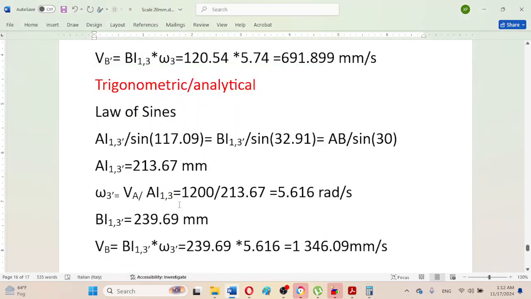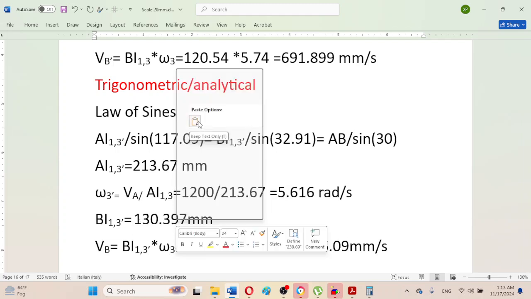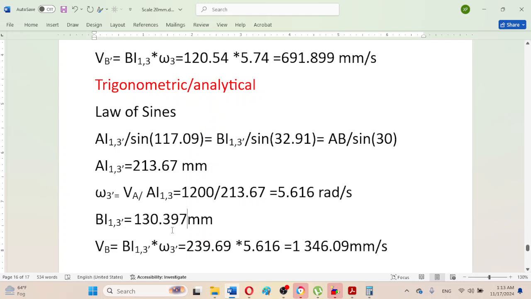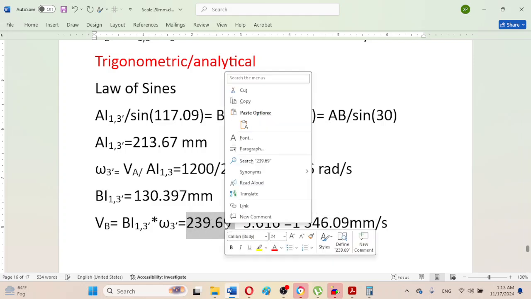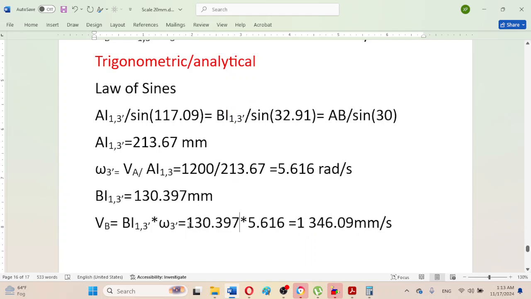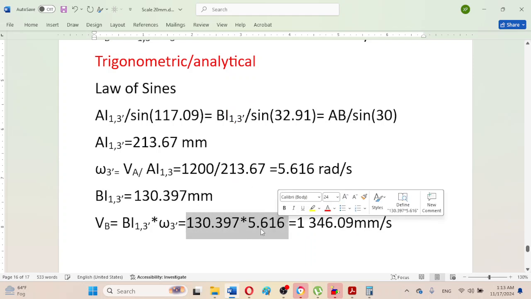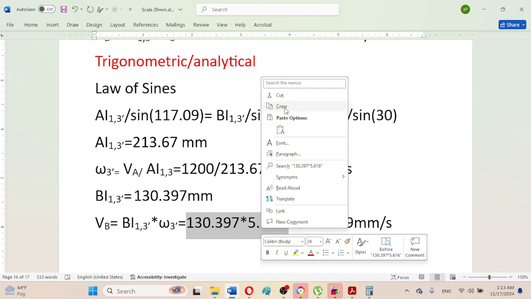Just copy and paste it here. Now we multiply it with the angular velocity omega 3 dash.